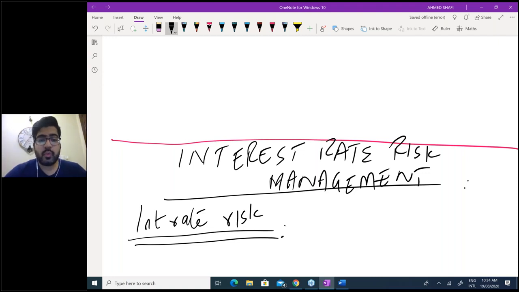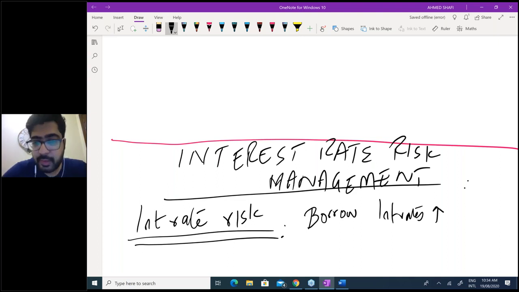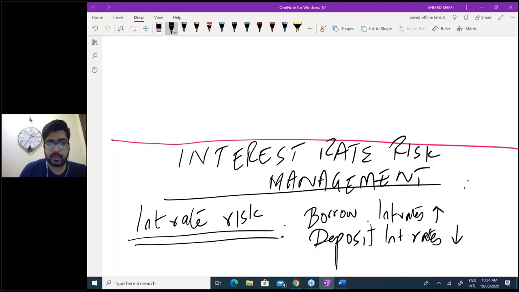First, I want to discuss with you what interest rate risk is. Interest rate risk is the risk that when we plan to borrow, the interest rates rise, and when we plan to deposit, interest rates go down.